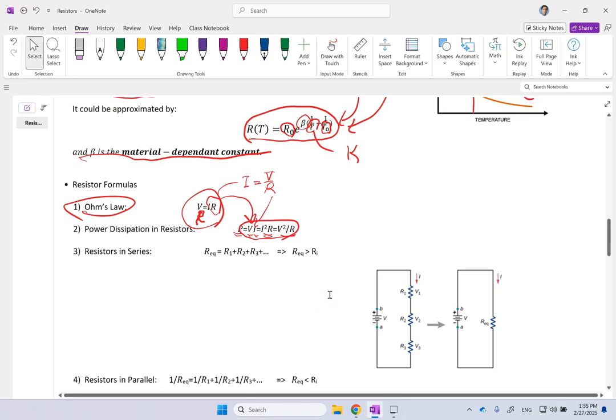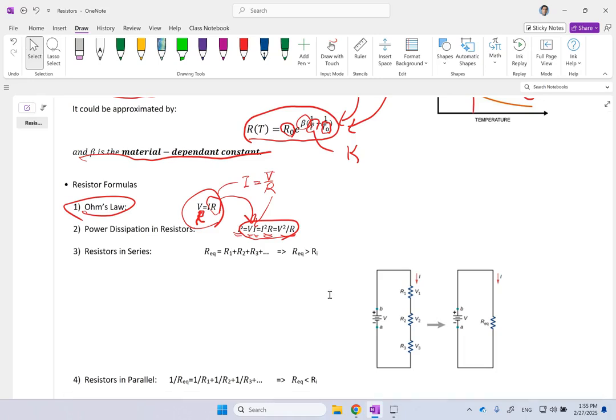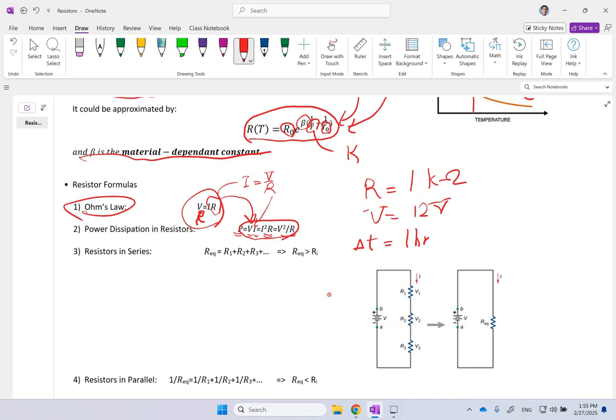That is converted into heat. Okay? So if you turn on a resistor with, let's say, a resistance of 1 kilo, connected to a voltage of, let's say, 12 volts, and let this be on for a time of, let's say, 1 hour. How much energy has it used?